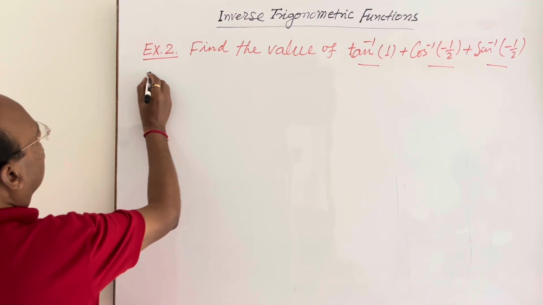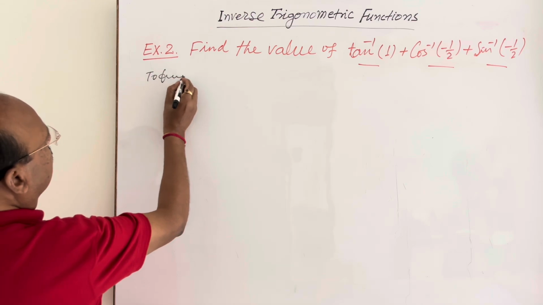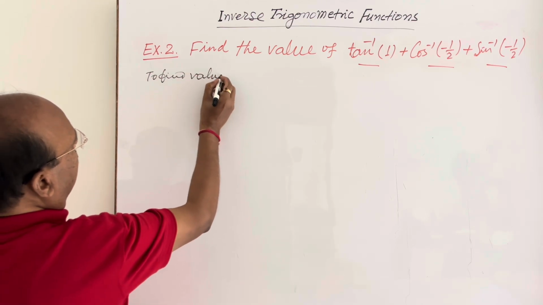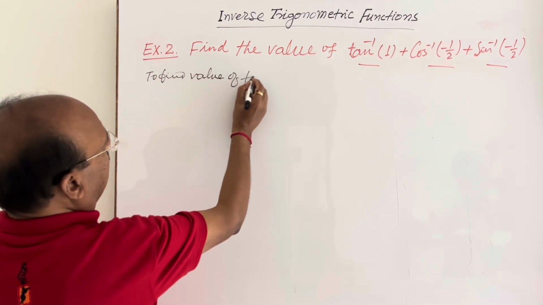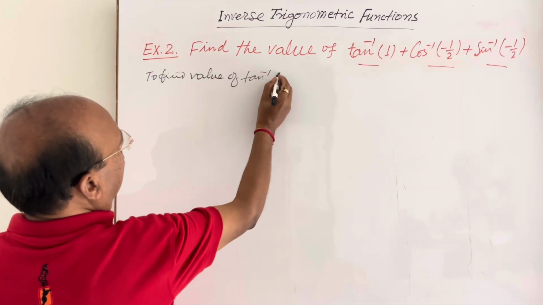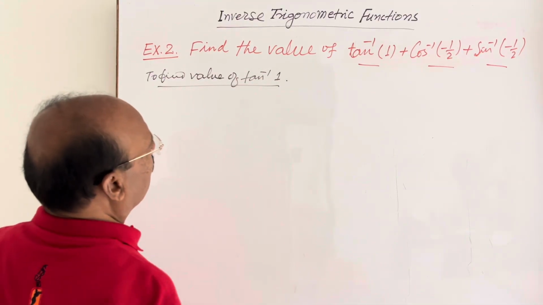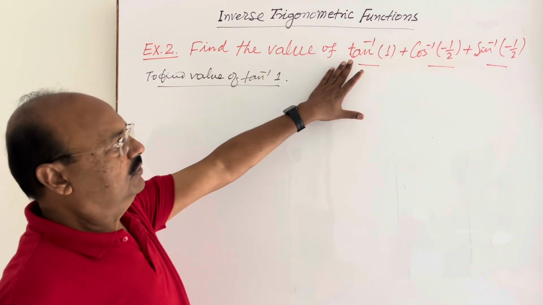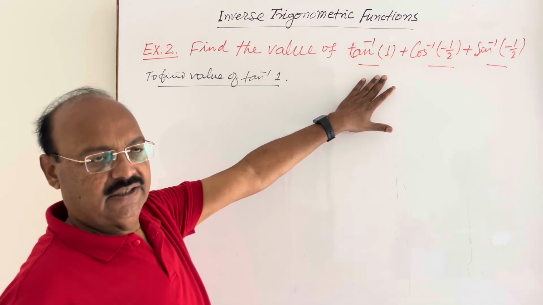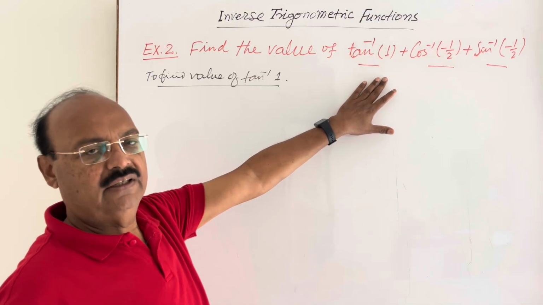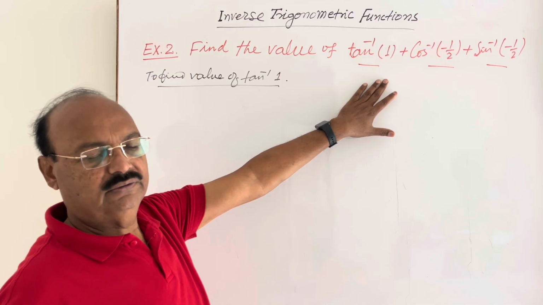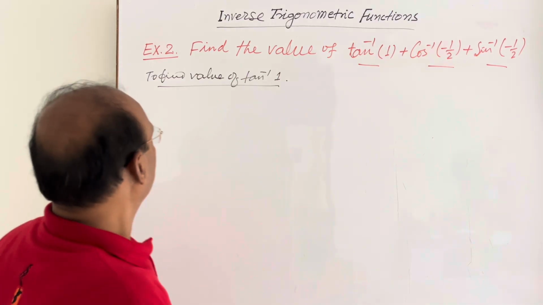First we will find the value of tan inverse of 1. So the range of the principal value of tan inverse x is the open interval minus pi by 2 to plus pi by 2.